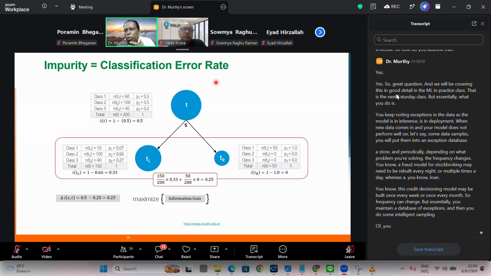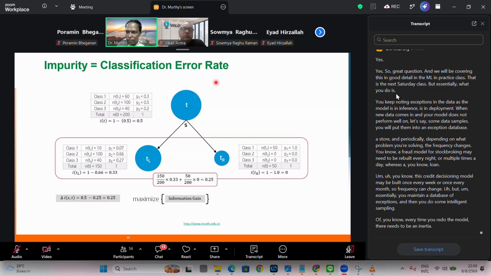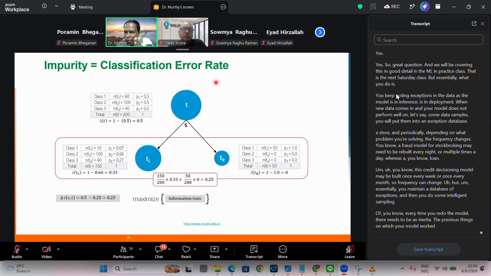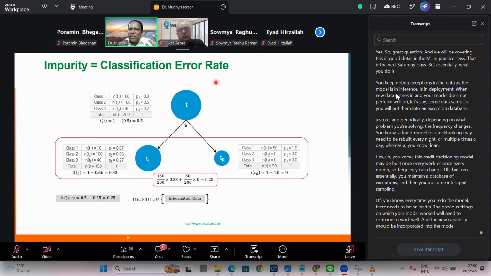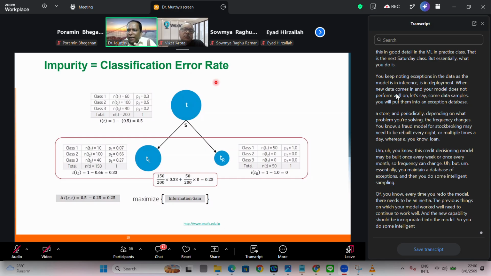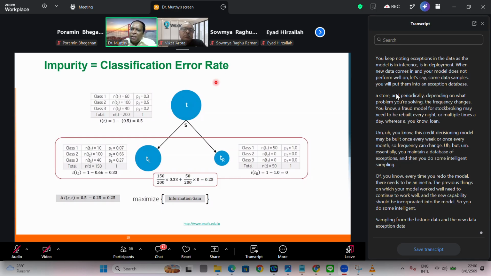Every time you redo the model, there needs to be an inertia. The previous things on which your model worked well need to continue to work well. And the new capability should be incorporated into the model. So you do some intelligent sampling from the historic data and the new exception data. And on that, build the classifier afresh.